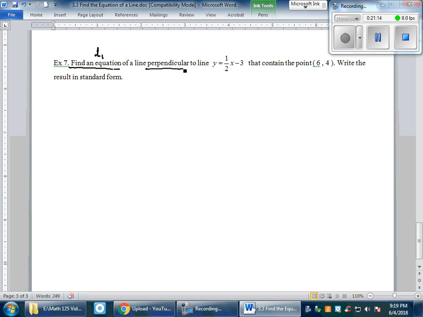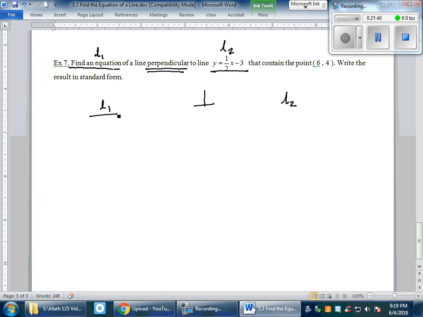And it is perpendicular to the second line. So recall, if two lines are perpendicular, their slopes are negative reciprocals. Okay, negative reciprocal. So here's my line 1 perpendicular to line 2.